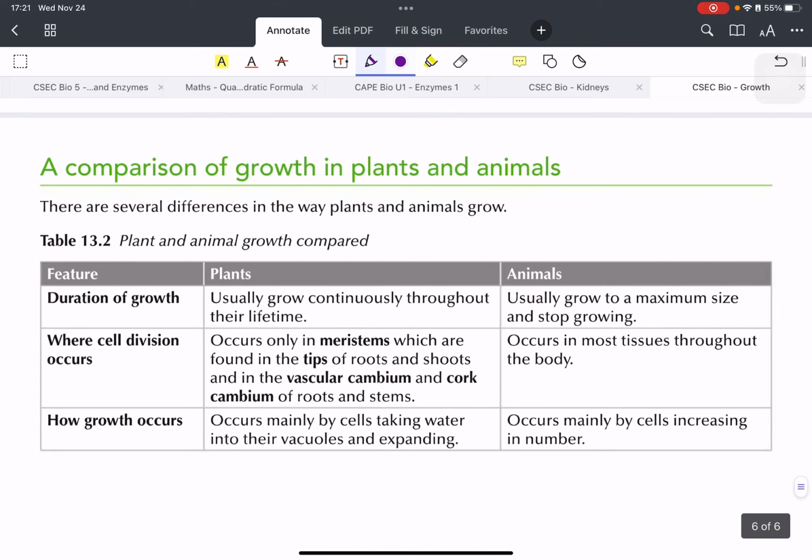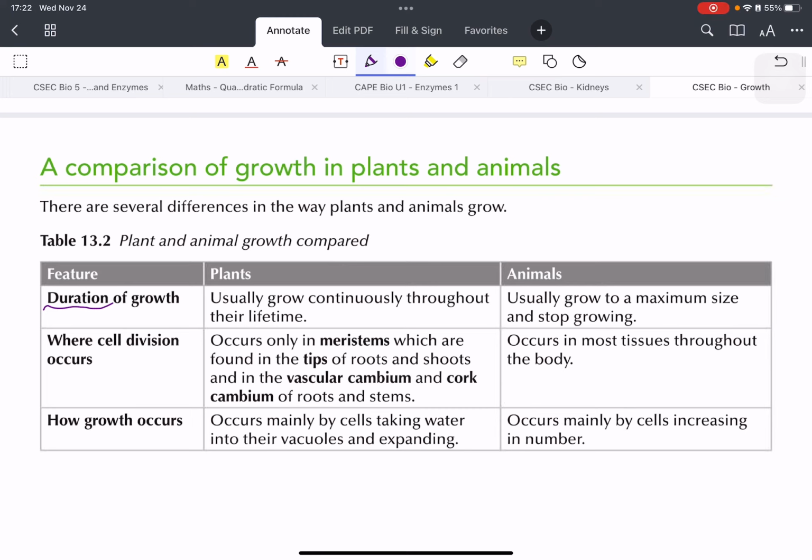And lastly, we just have a comparison of the growth in plants and animals. It's actually very self-explanatory. So duration of growth: plants will grow forever. If you chop down a huge tree, eventually you will start to see little shoots trying to grow back again, right? So it will keep growing and keep branching as well.